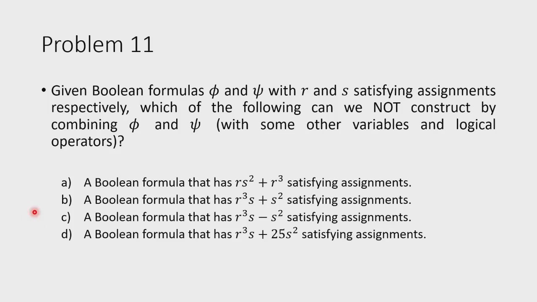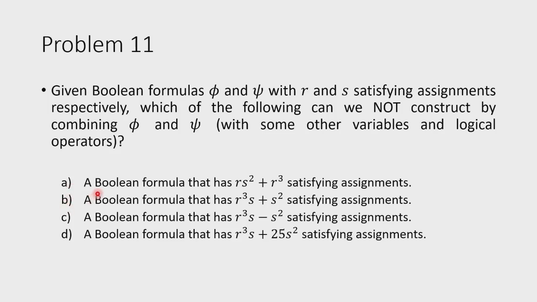Given Boolean formulas phi and psi with R and S satisfying assignments, respectively, which of the following can we not construct by combining phi and psi with some other variables and logical operators?